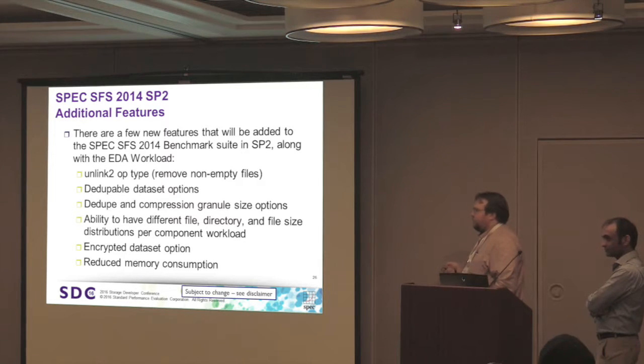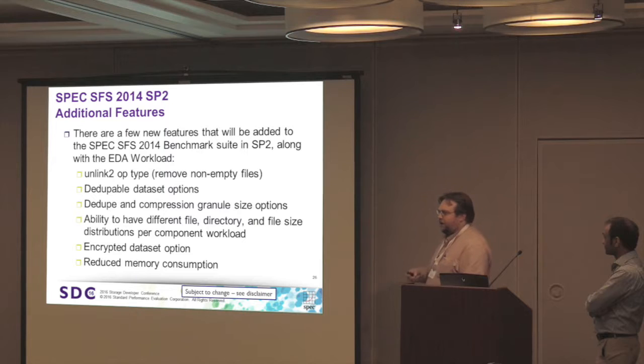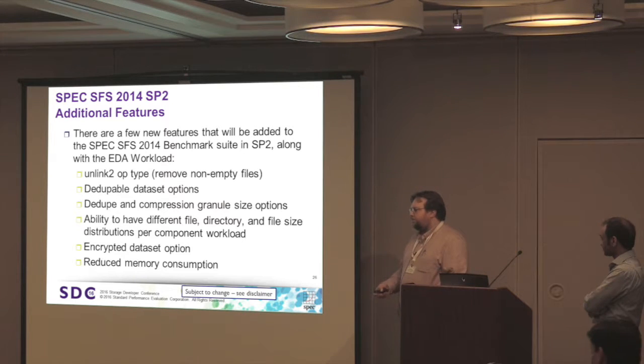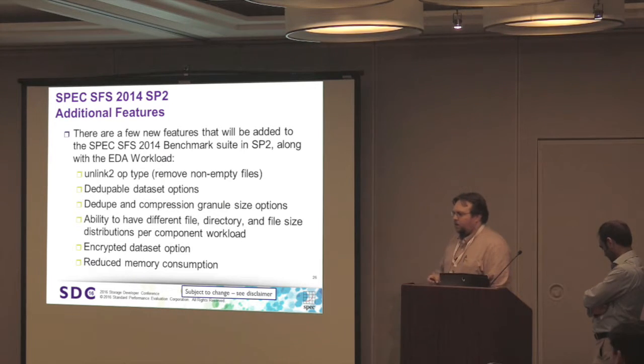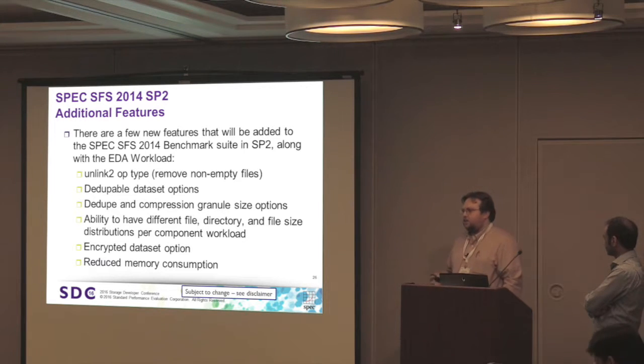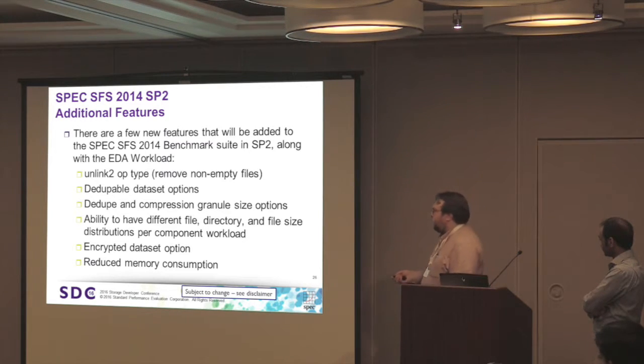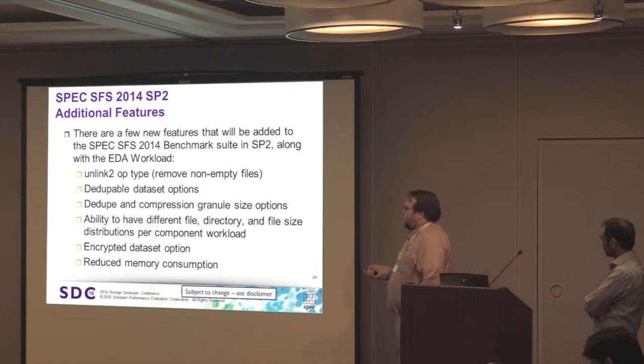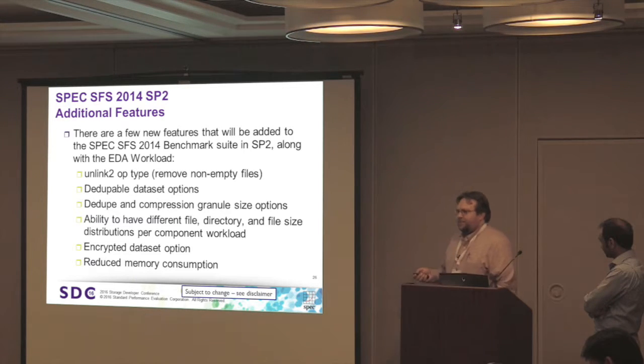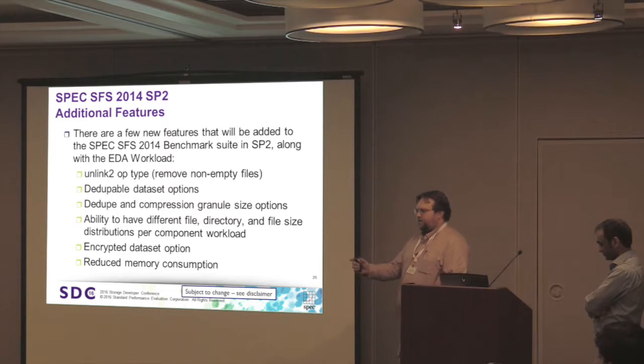We are also adding dedupable dataset options, so the ability to generate a dataset that is dedupable. Previously, all files were undedupable, but we did set the compression ratio. And because dedupe is one of those things where the implementations vary greatly by vendor, we are adding granule size options. You can set that dedupe granule size based on your platform.